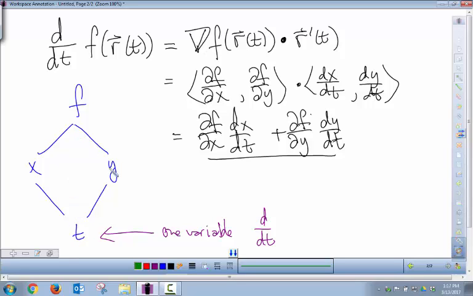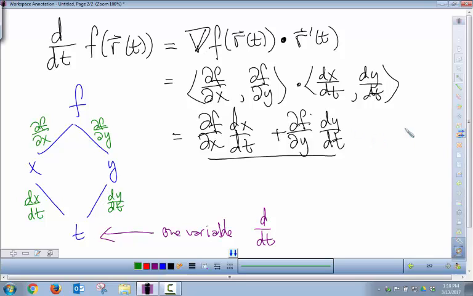It looks like there are two paths to get there. So the one path is going to take us from f with respect to x, and since f is a function of two variables, we're going to use the curly d's, the partial d's. And then we notice down here that x is a function of only one variable, so we use our straight d from x to t. And the same is going to happen for y.